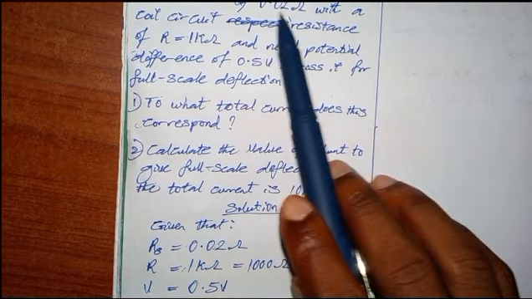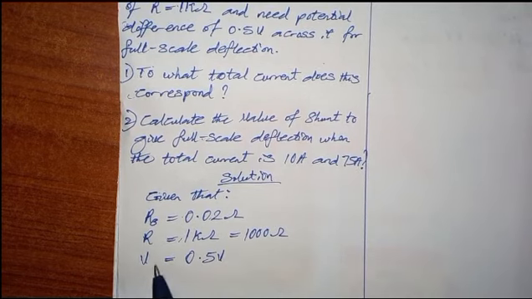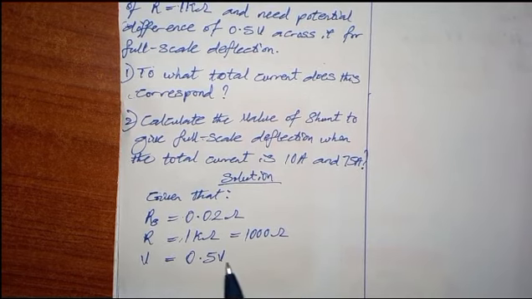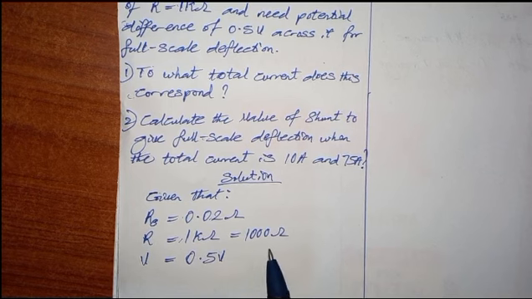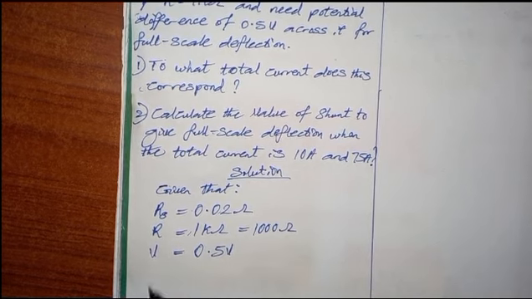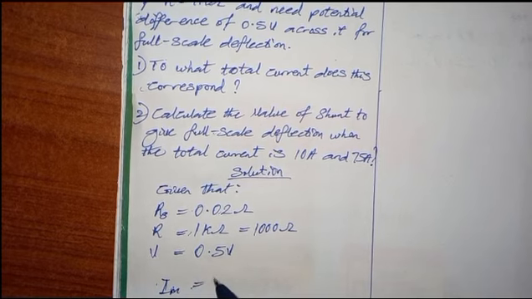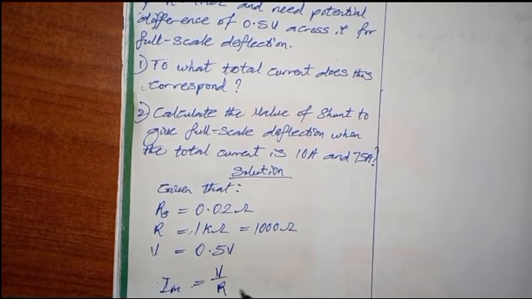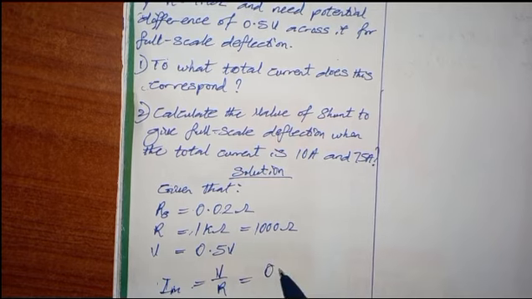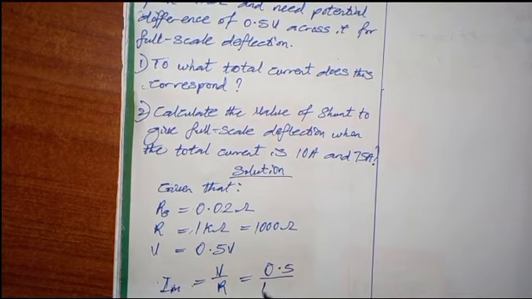The shunt resistance is given to be 0.02 ohms, the coil resistance is given to be 1 kilo ohms, which is 1000 ohms, and the voltage is 0.5. Then doing the solving, we have the formula Im equals V over R, where V is 0.5 and R is 1000.